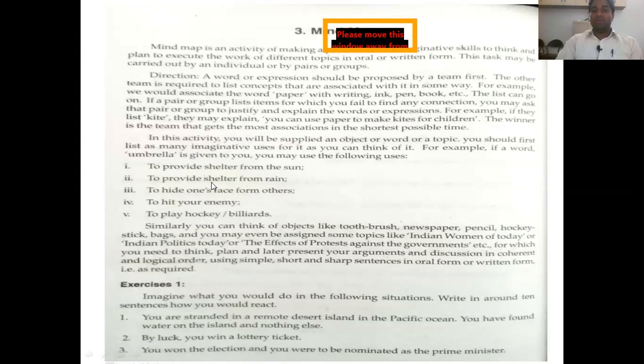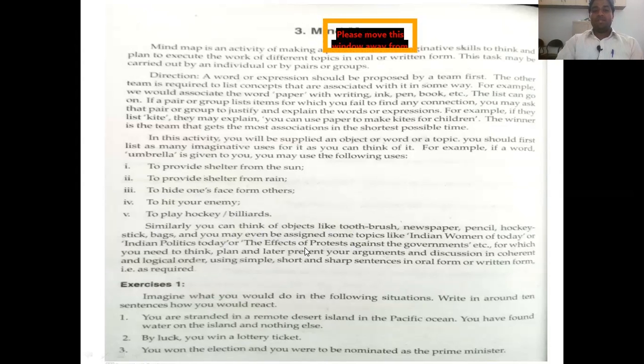These are the uses of the item umbrella. Similarly, you can think of objects like toothbrush, newspaper, pencil, hockey stick, bags, and you may be assigned topics like the Indian woman of today, Indian politics today, or the effects of protest against the government, etc.